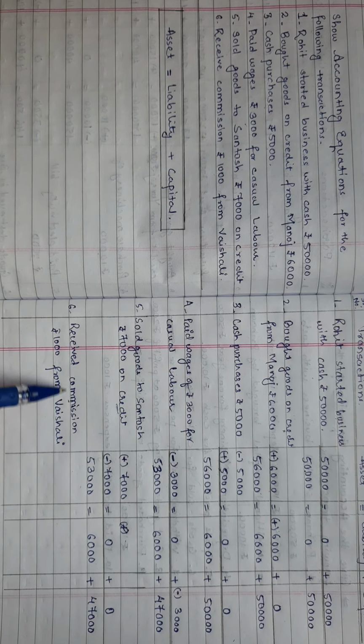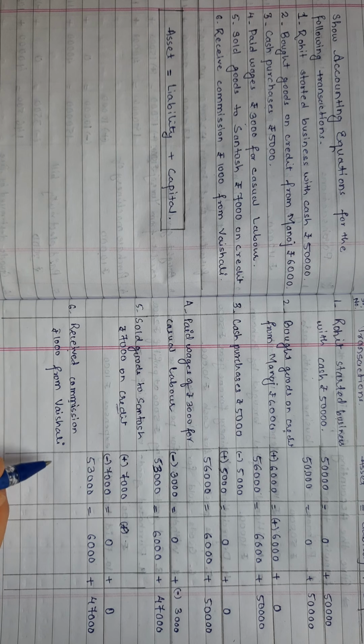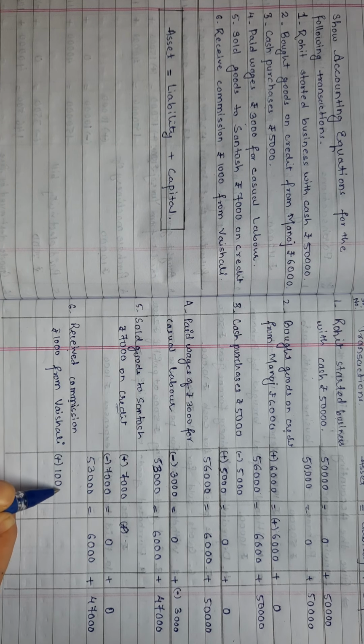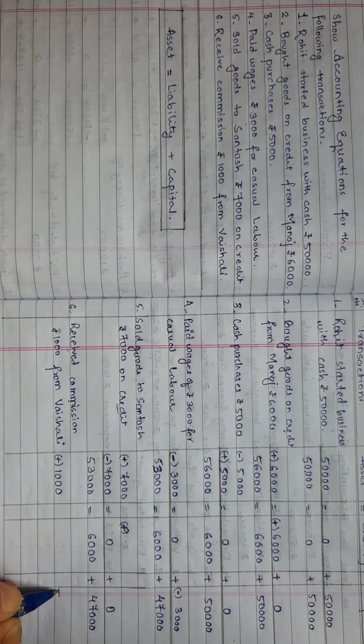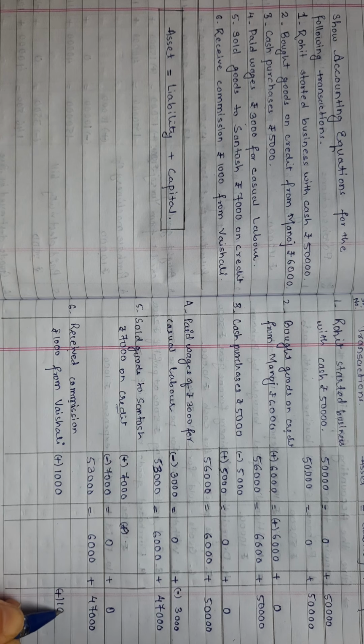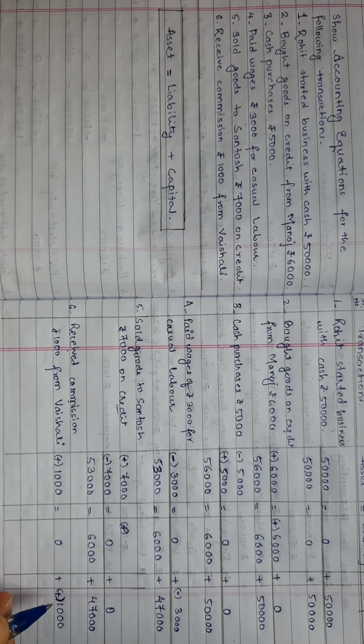So the commission is received, it means it is income, cash comes in, it will be added to the asset. Add 1,000, it also increases the amount of capital, so plus 1,000 in the capital column. In this transaction, the liability is 0. Keep this equal and plus as it is.